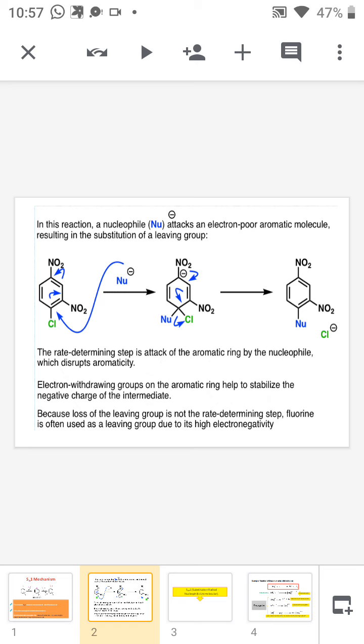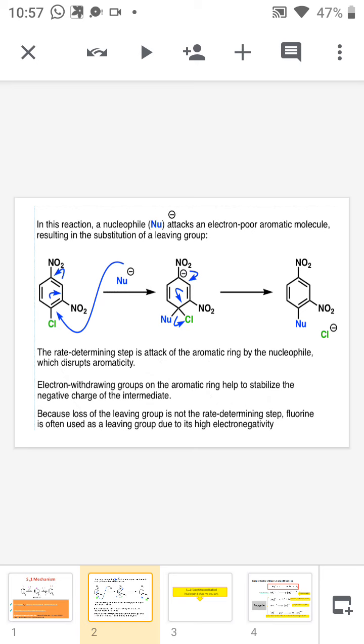In this reaction the nucleophile attacks an electron poor aromatic molecule, resulting in substitution of a leaving group. So the nucleophile directly attacks the carbon to which the chlorine is attached, because chlorine acts as a leaving group here, as chlorine is larger in size. That's why it is a better leaving group than NO2.